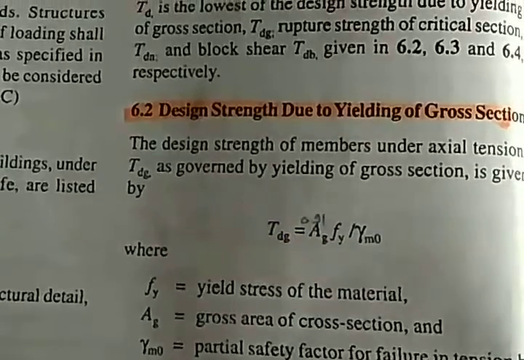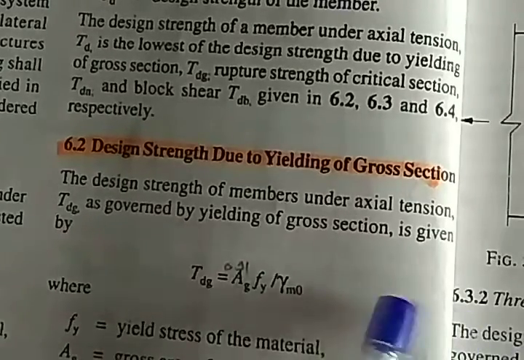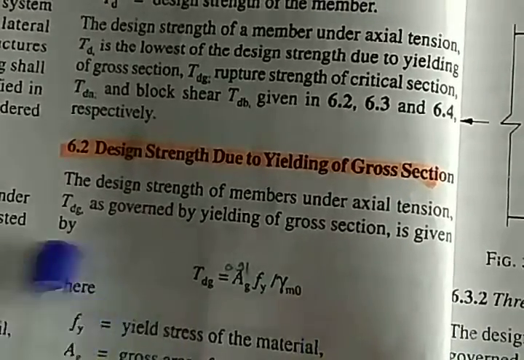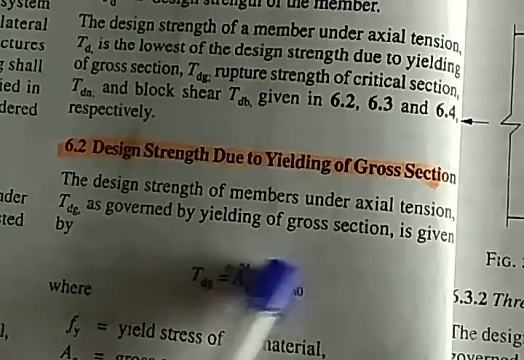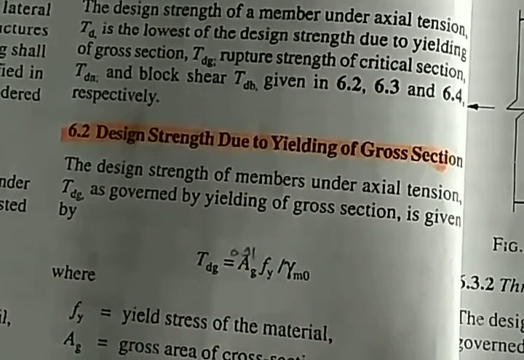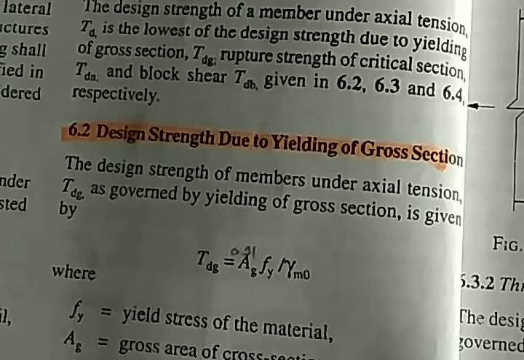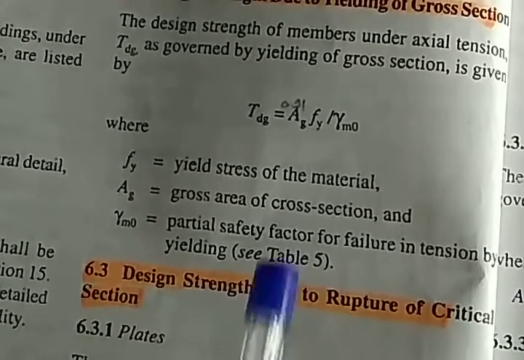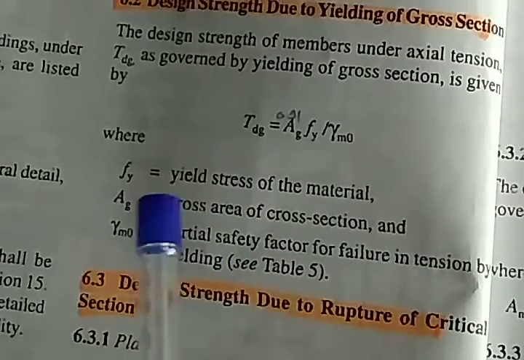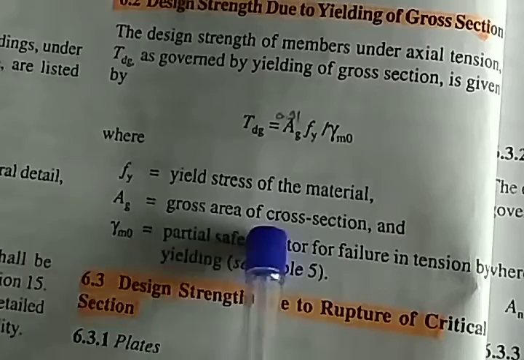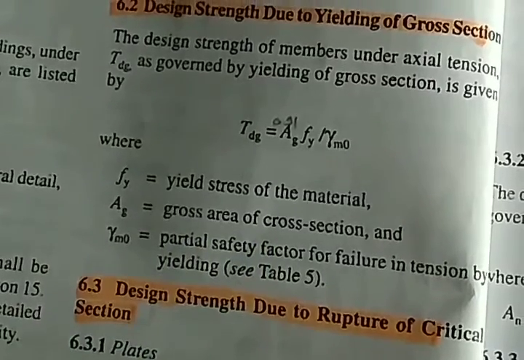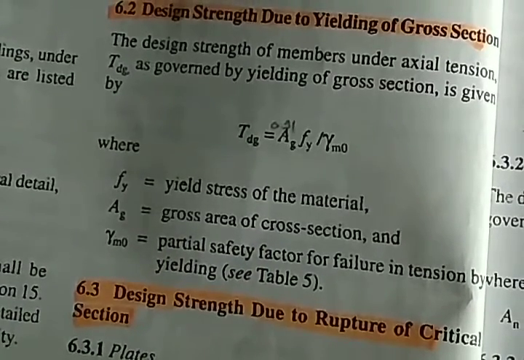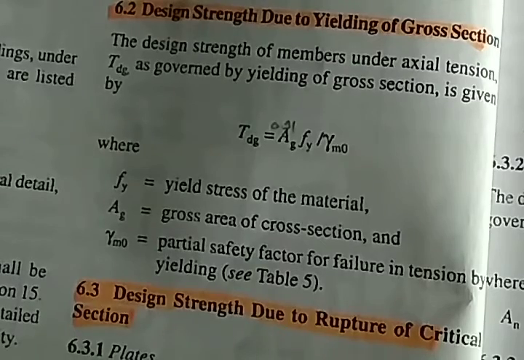The design strength of members under axial tension, denoted by TDG as governed by the yielding of the cross section, is given by TDG equals AG into Fy divided by gamma MO. Fy is the yield stress, Ag is the gross area, and gamma MO is again the partial safety factor according to table number 5.